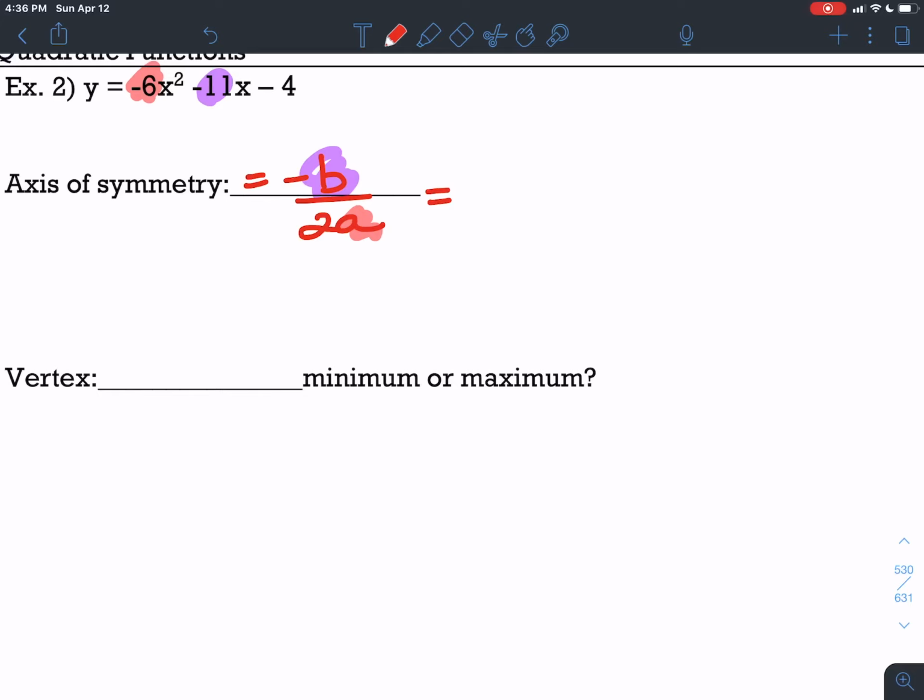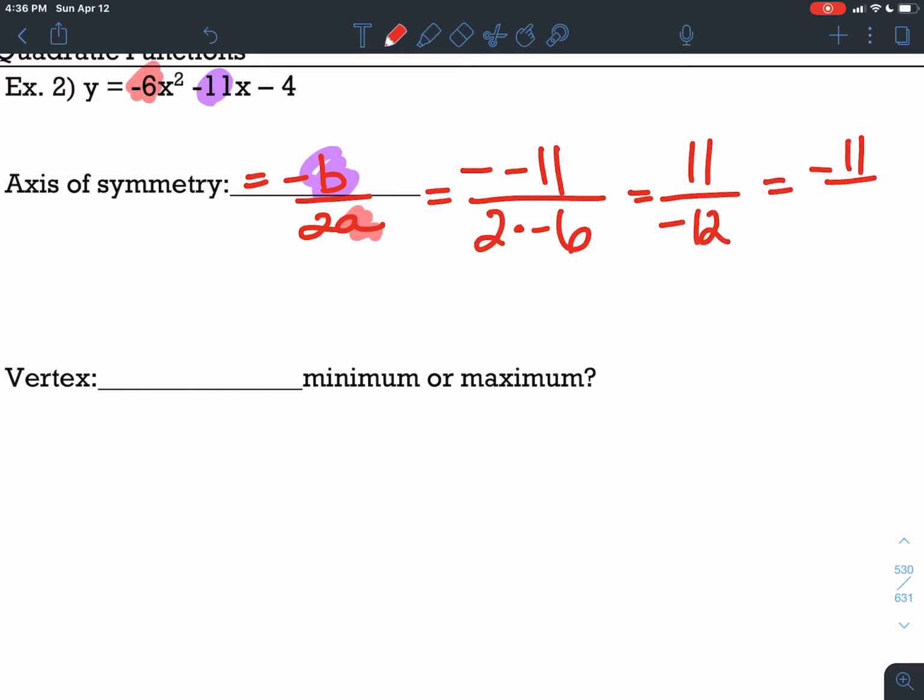Let's plug them in. Negative something all over 2 times something. So negative 11, 2 times negative 6. That's positive 11 over negative 12, which is negative 11 over 12.